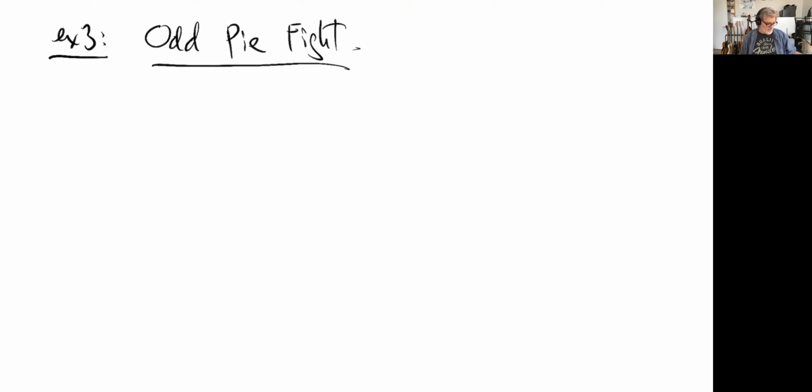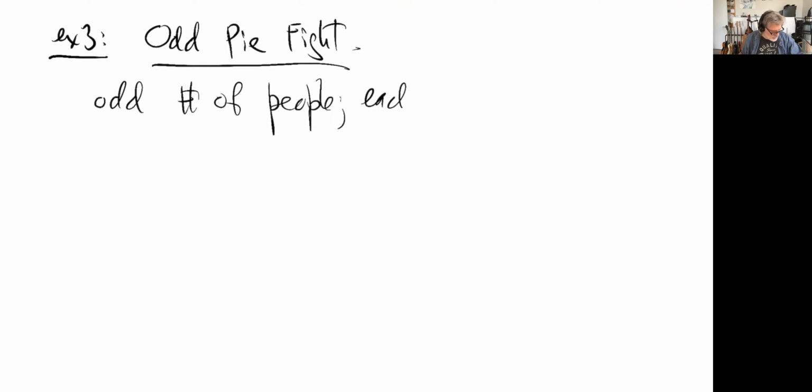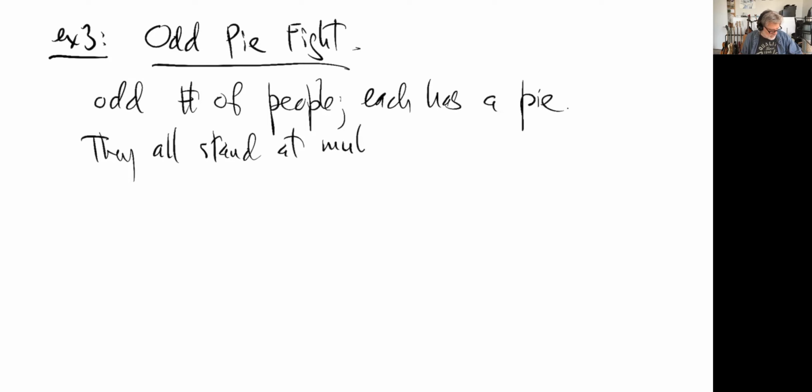So here's the setup. It's a game. We have an odd number of people, and each has a pie. And they all stand, this is important, at mutually distinct distances.